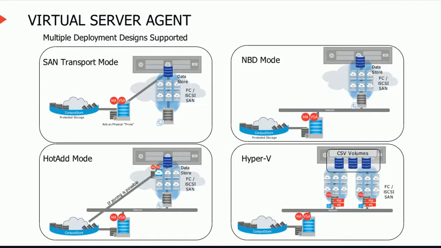The 3 methods to deploy the VSA agent are SAN transportation mode, where the VSA agent will be installed on a physical proxy with direct access to the VMware snapshots on the data store; hot add mode, where the VSA will be installed on a virtual proxy on the ESX host; and network block device, or NBD mode, where the VSA agent will be installed on a physical proxy and virtual machines will be backed up over the network.